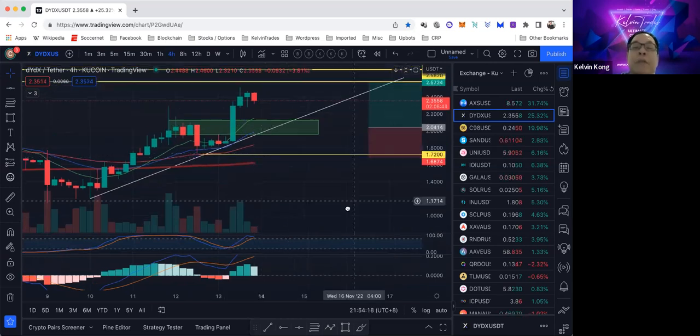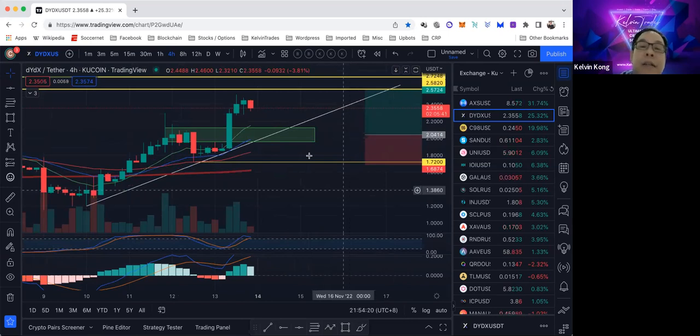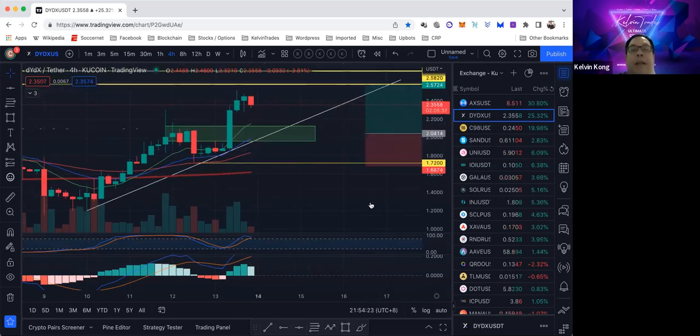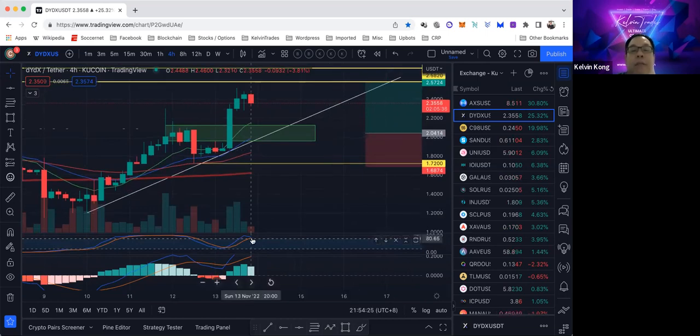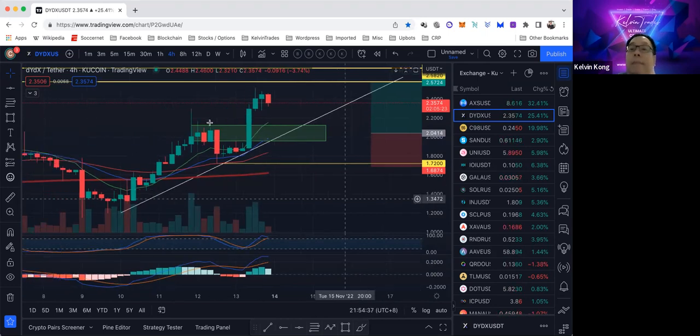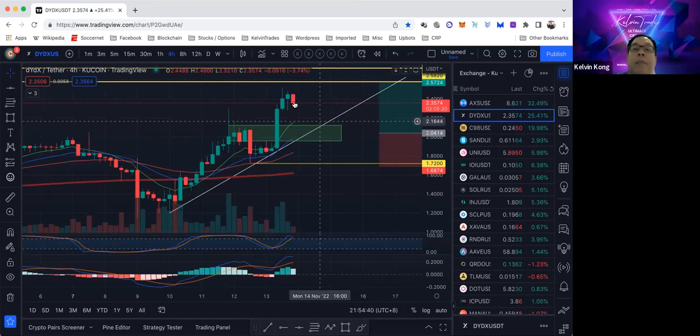Right? If you cannot sleep so early, then wait. Okay. Wait. It's definitely going to come down because now it's at the top. And it's a bearish candlestick.